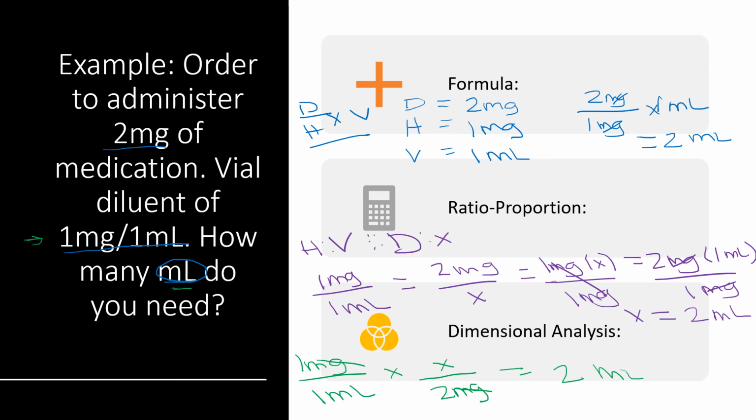With ratio proportion and dimensional analysis, when we get later into drop factors and things like that, it's not really using the same formula. You're having to use another formula, but I like to just think of one formula and modify it as needed. But whatever works best for you for right now to get you there also works. Just be mindful of that when we get to more detailed dosage calculations later. You are going to have to do another formula.